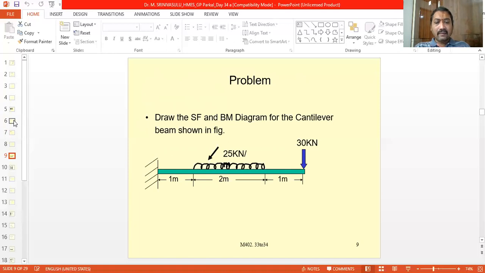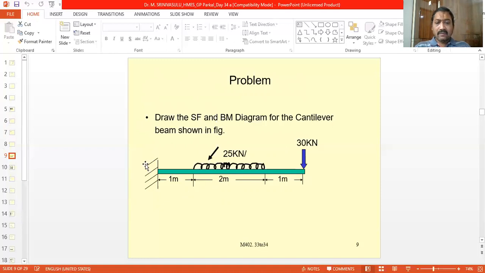Draw the SF and BM diagram for the cantilever shown in the figure. So this is the cantilever given.